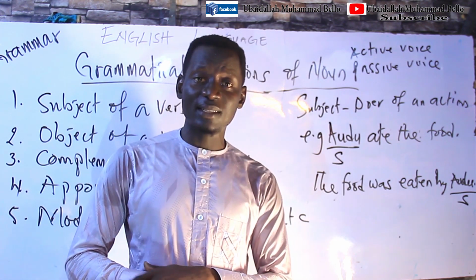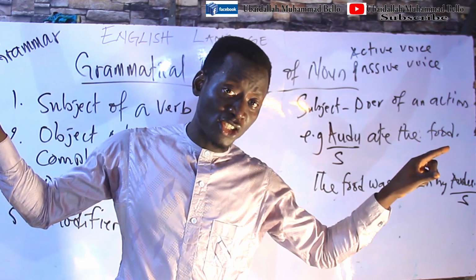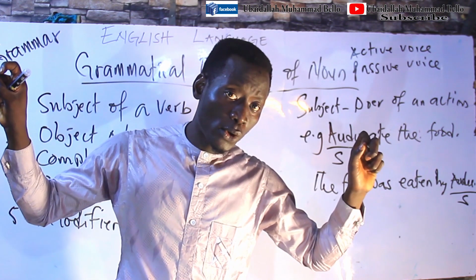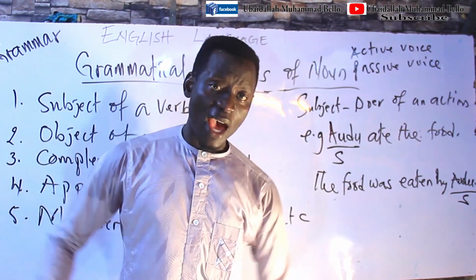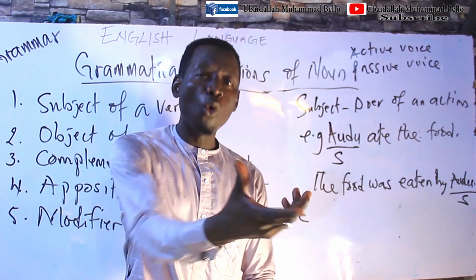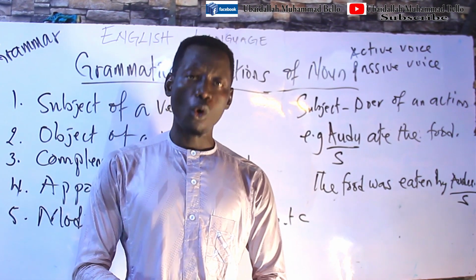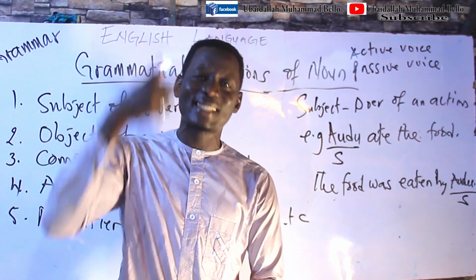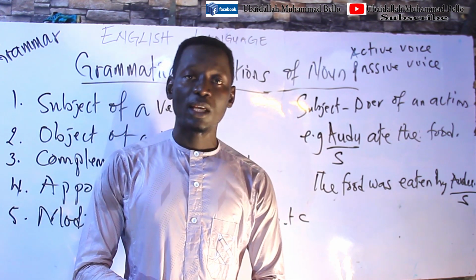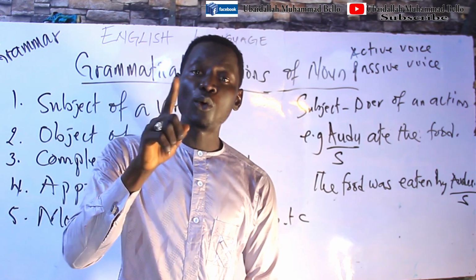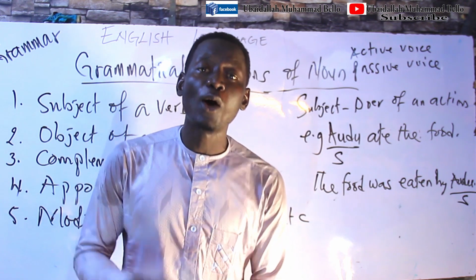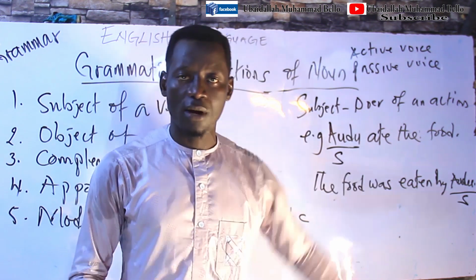If we know subject as doer of an action, or the actor of that action, who receives the action? Or what is the thing that receives the action? If you have your answer, you have got what we call object of that verb.